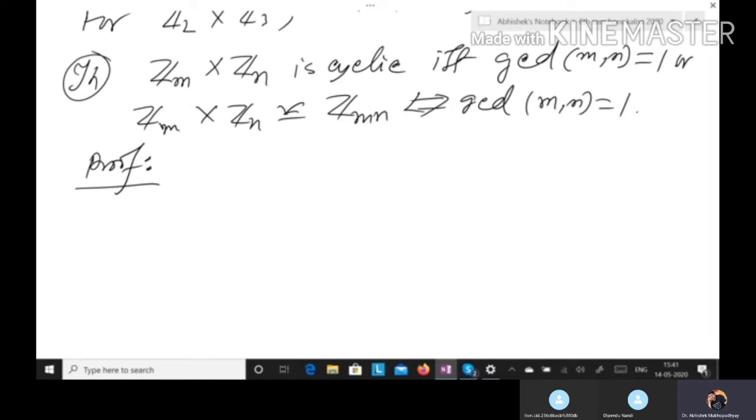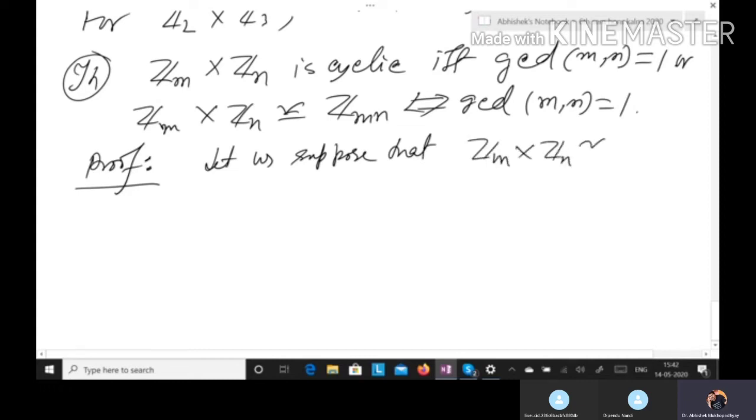So let us suppose that Zm cross Zn is isomorphic to Zmn. So you have to show that GCD of m, n is 1.